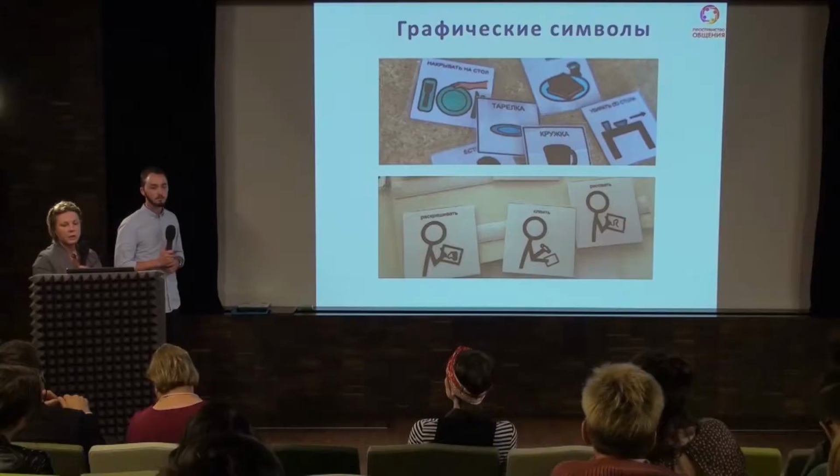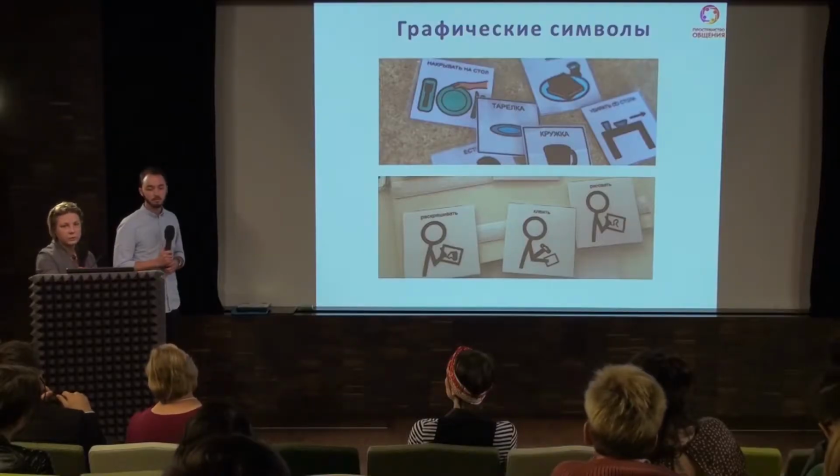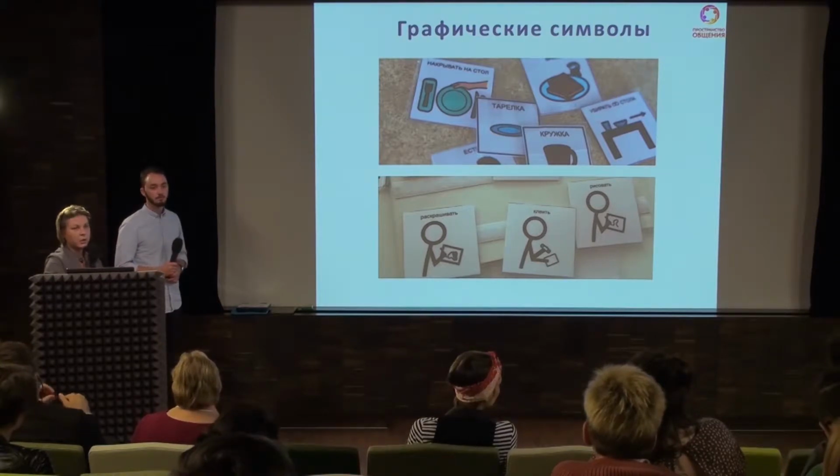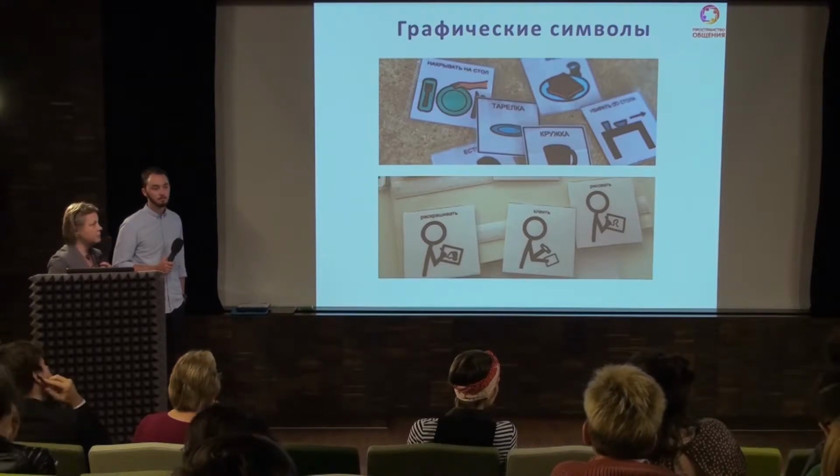This is a more abstract level. The greater the intellectual disability is, the more concrete, less abstract symbols will be used. So we move from things to more and more abstract symbols, which lose color step by step and get closer to texts.